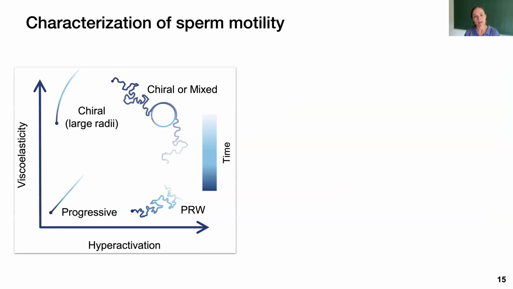So just as a summary, when sperm are hyperactivated, they transition from straight swimming to something that looks like a persistent random walk. If the fluid in which they swim becomes viscoelastic, they start to show these circular trajectories. And if you think of both at the same time, we also have transitions between this random walk and circling phase.